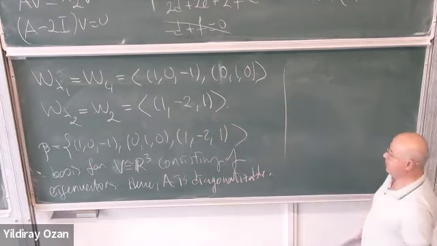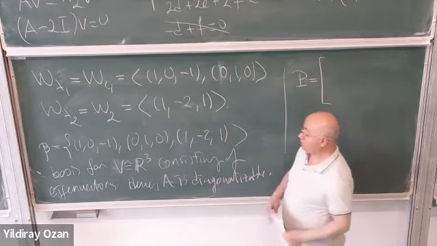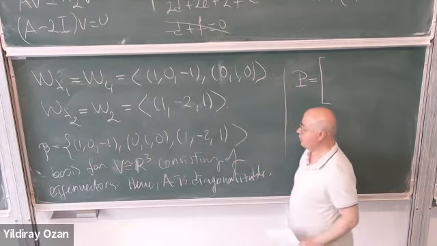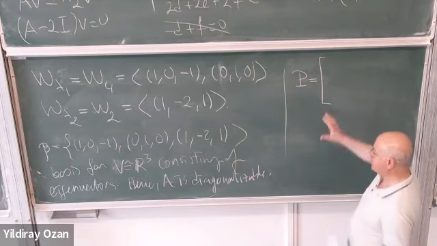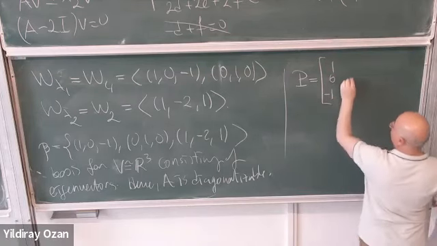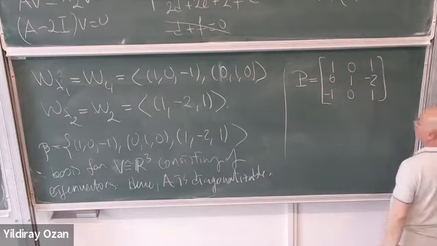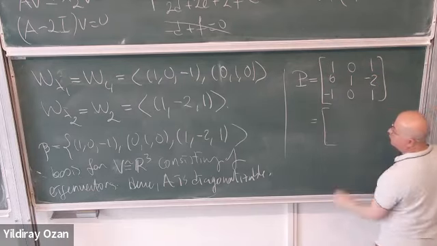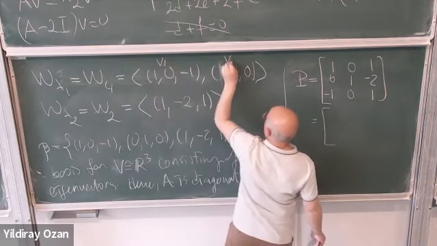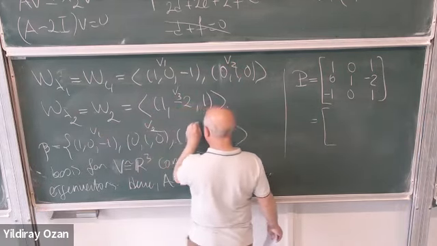And if you let P be the matrix, just take these basis vectors and put them like this. So this is V1, V2, and let's say V3.